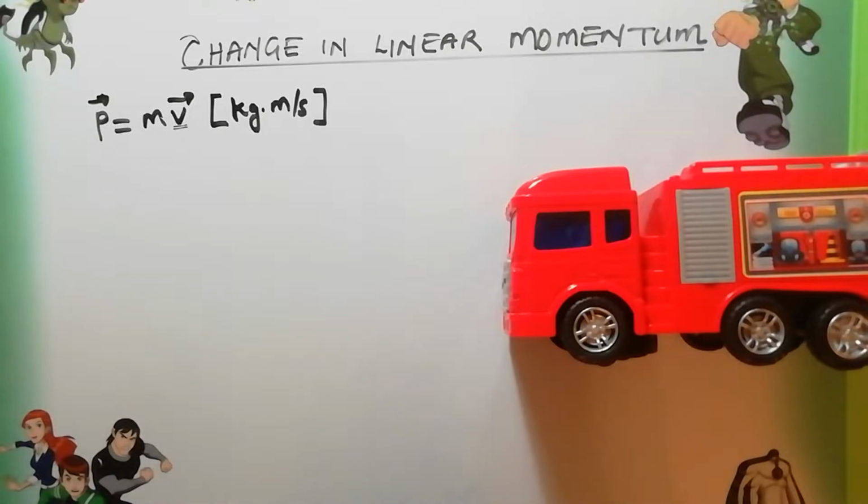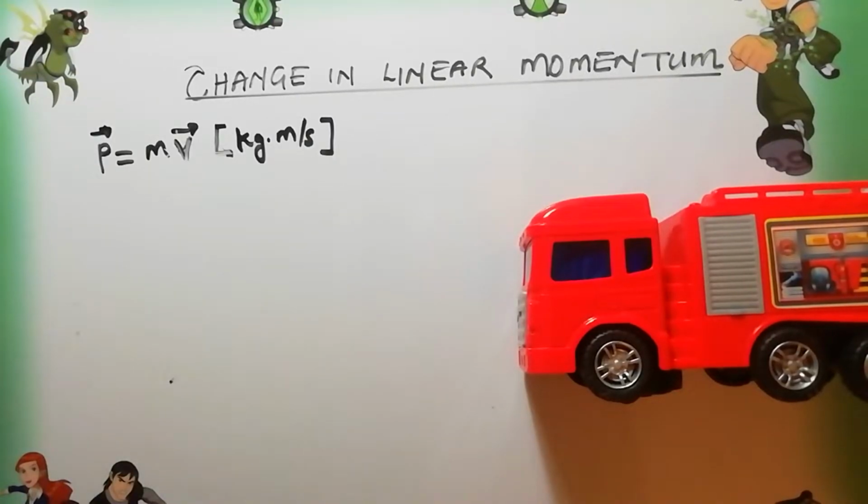But keep in mind that mass is going to be kept constant because we want to understand the relationship between momentum and the velocity of the object. Besides the velocity, again, the engine of this truck must have power so that it can be able to move this truck from one place to another.